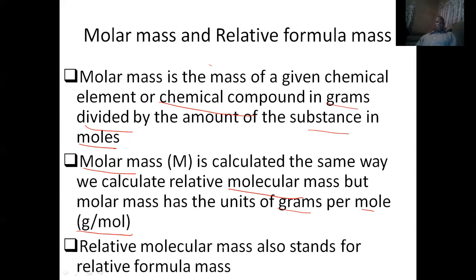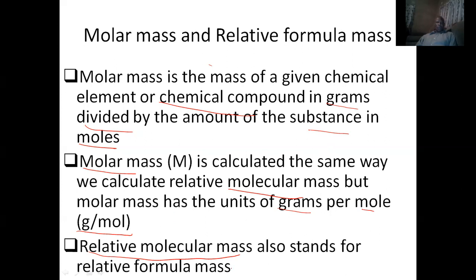And so also, relative formula mass stands for relative molecular mass. In other words, if you find the relative molecular mass, it is the same as finding the relative formula mass.